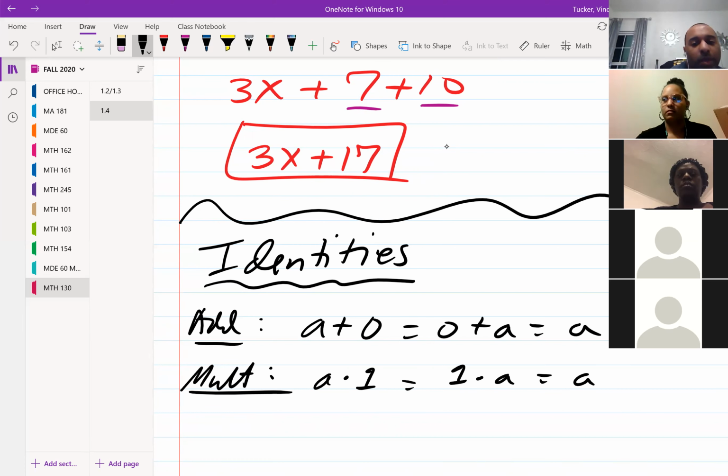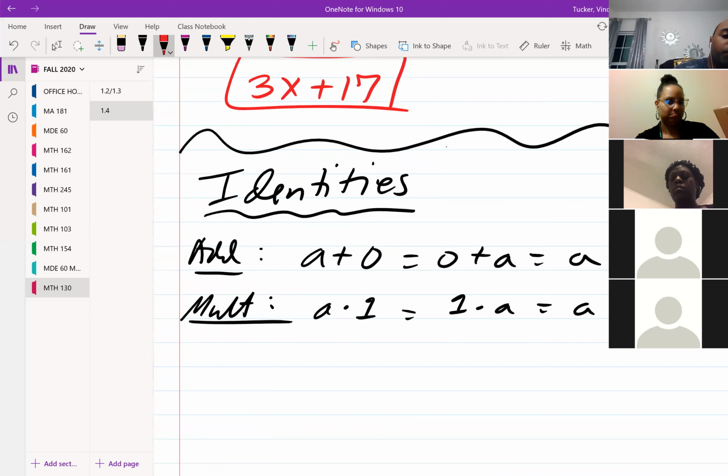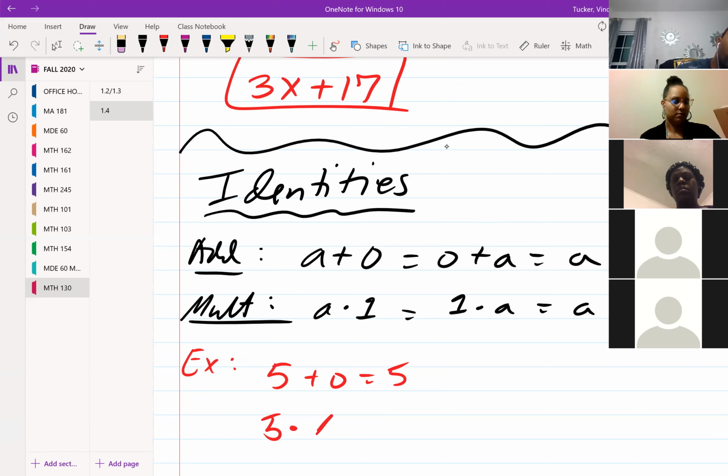And then a times 1 or 1 times a will still give you a. So in other words, a just represents any number. 5 plus 0 is going to be 5. And then 5 times 1 is also 5. So that's all it's saying. No matter what number you add to 0, it will be itself. No matter what number you multiply by 1, it will be itself.